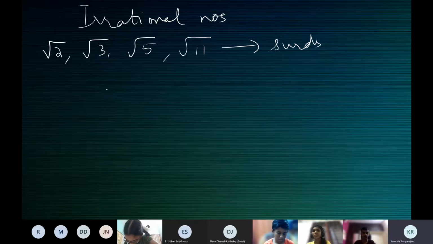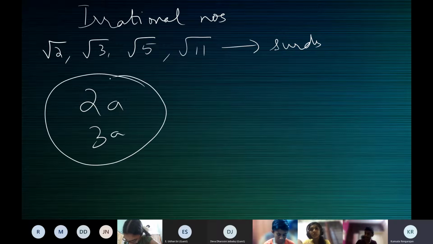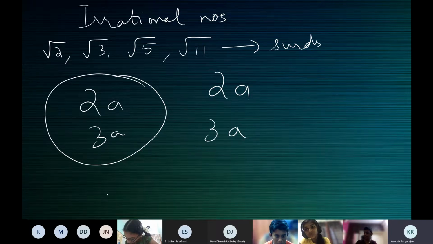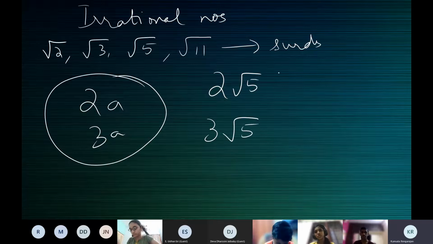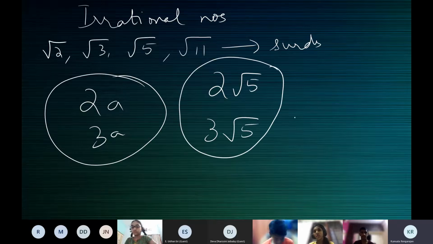In algebra, 2a and 3a are called like terms. If I take away a and replace it with √5, then these are called like surds.